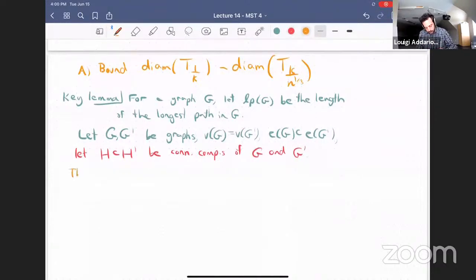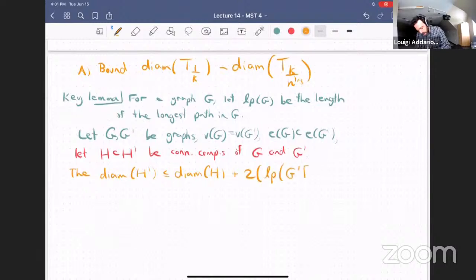Okay, then I can bound the diameter of H prime from above by the diameter of H plus twice the length of the longest path in the subgraph of G prime that I get by restricting to the vertices outside of H, plus 1. Okay, so this notation, I don't know if you're familiar with this notation.